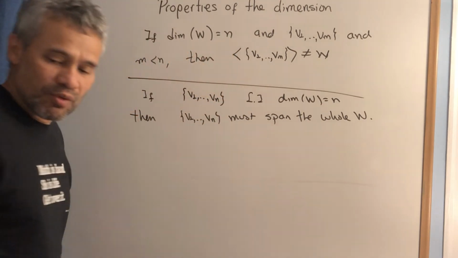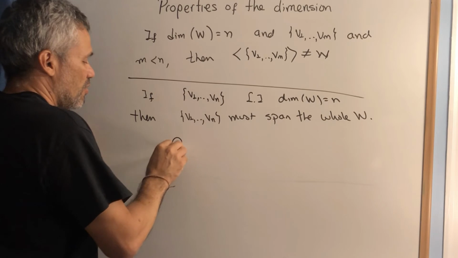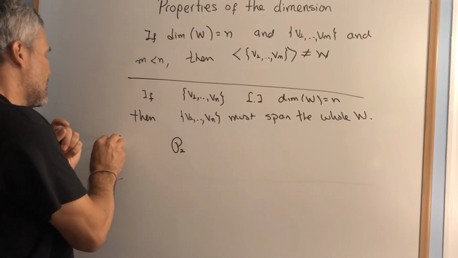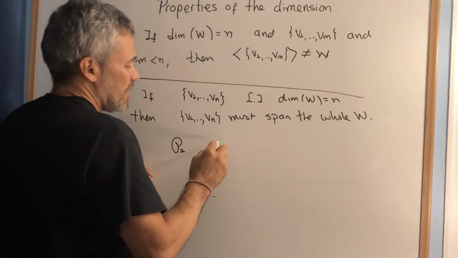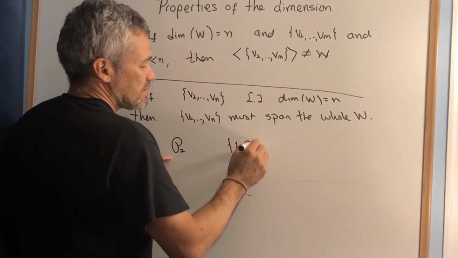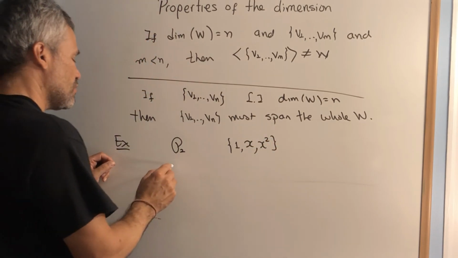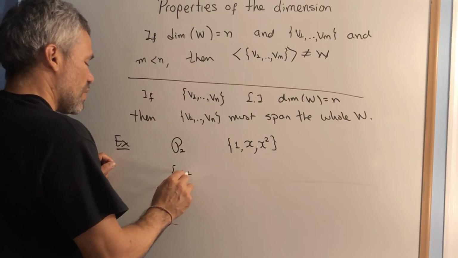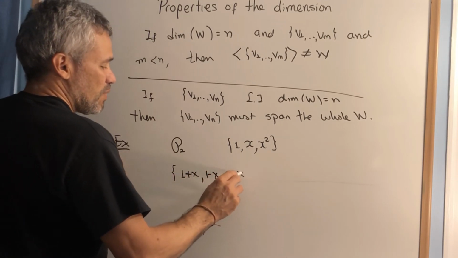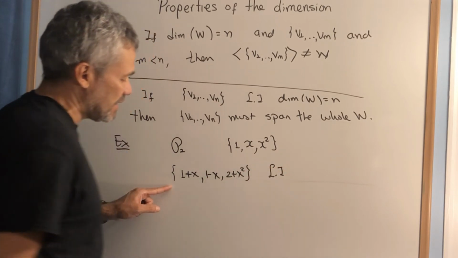Let me just show you an example of this. Let's think about P2, polynomials of degree 2 or less. We know that a basis for this set is the polynomials 1, x, x squared, and it is easy to show that the polynomials 1 plus x, 1 minus x, 2 plus x squared are linearly independent.